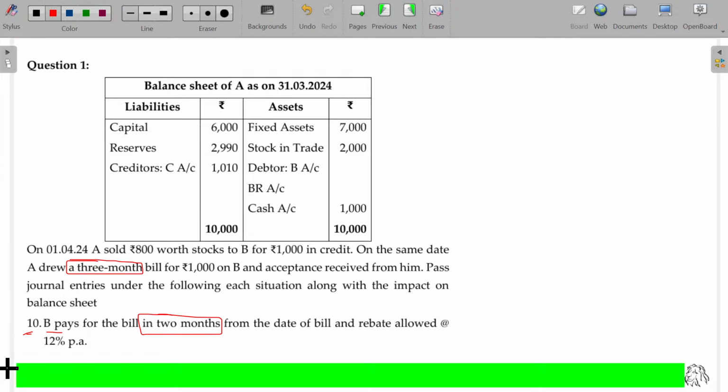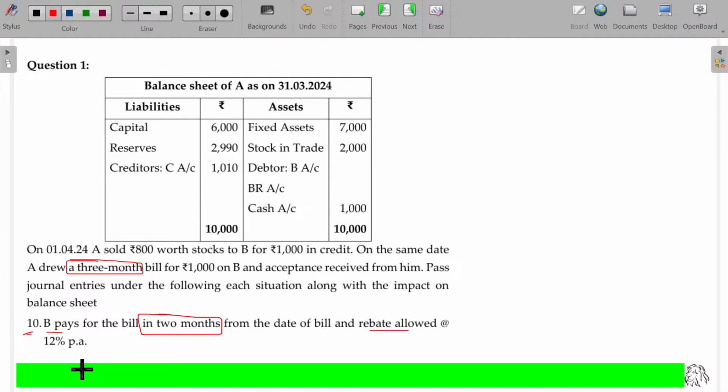And we are happy, no? If we are able to receive the money much ahead rather than 3 months, I am getting it by the second month itself. The payer demands, sir, I am paying you ahead, so give me some discount. We are able to give them some discount as we are getting the money ahead. That discount is usually called a rebate.